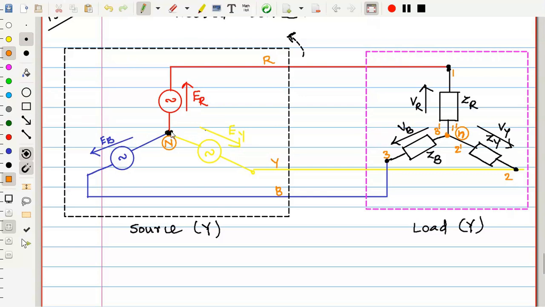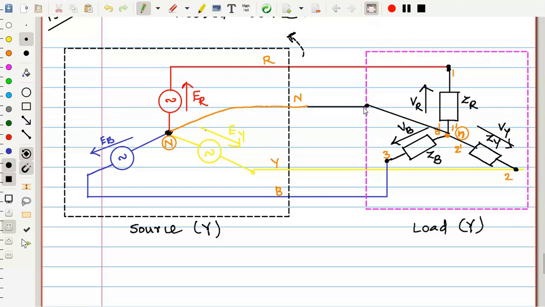In real time, these neutral terminals will be extended, so we have R Y B and N, and this neutral terminal will be connected to the load neutral terminal also, like this.